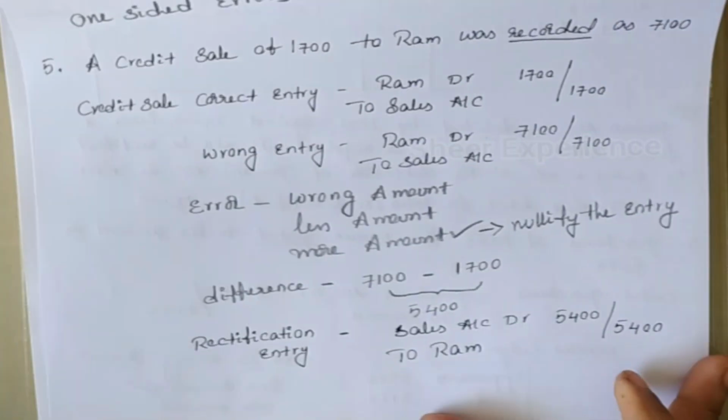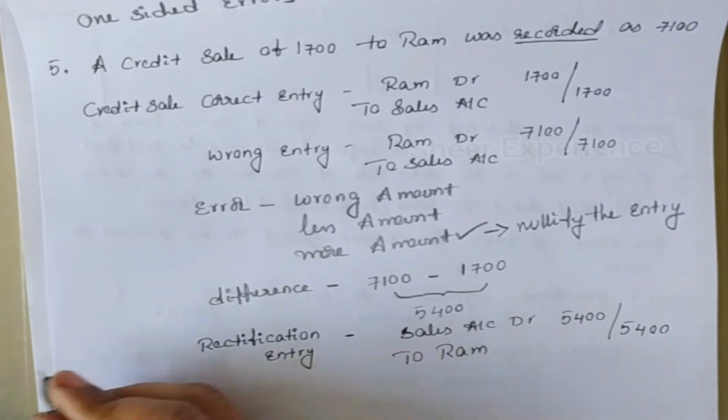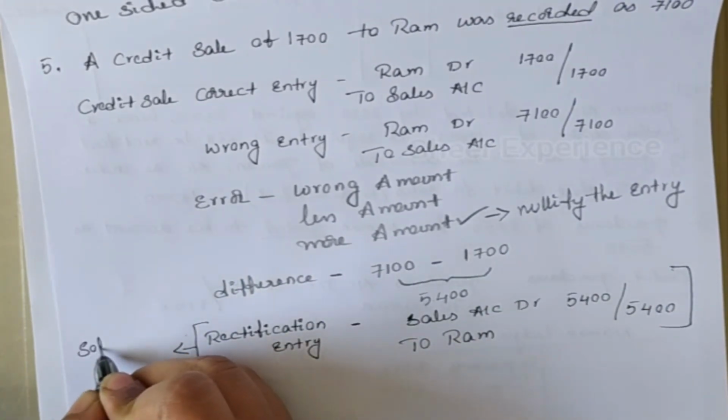Amount is 5,400. If you notice, the entry is reversed because in the sales account and Ram account we have already recorded 7,100. To make it 1,700, we are reversing the entry with the difference amount, that is 5,400. The rectification entry is the solution.